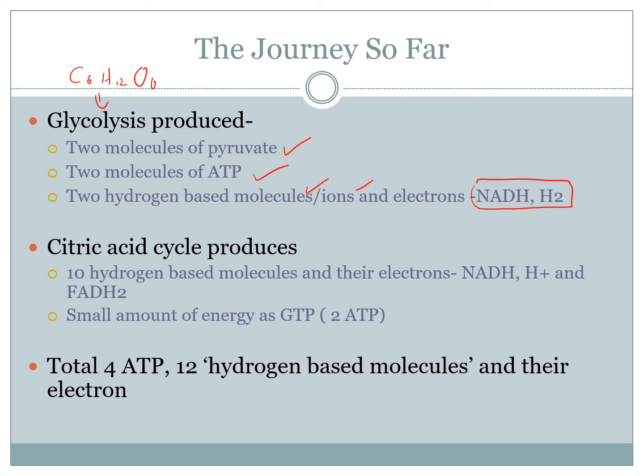Then the pyruvic acids have gone into your citric acid cycle, and the outcome of that is the production of 10 hydrogen ions and their electrons, in the presence of NADH, hydrogen protons, and FADH2.